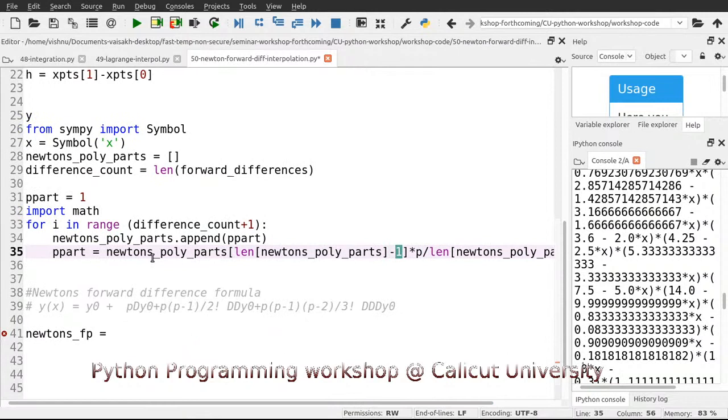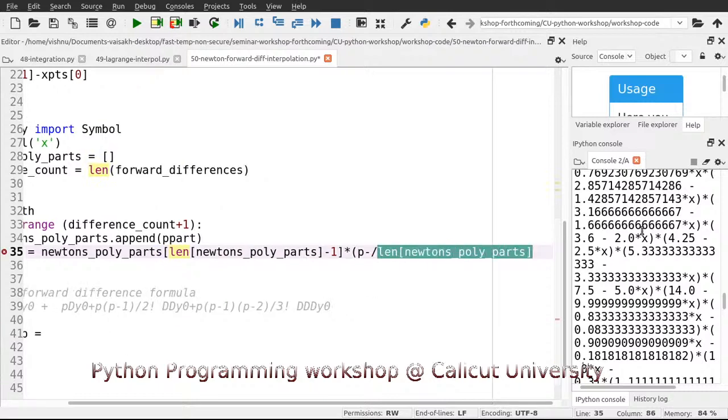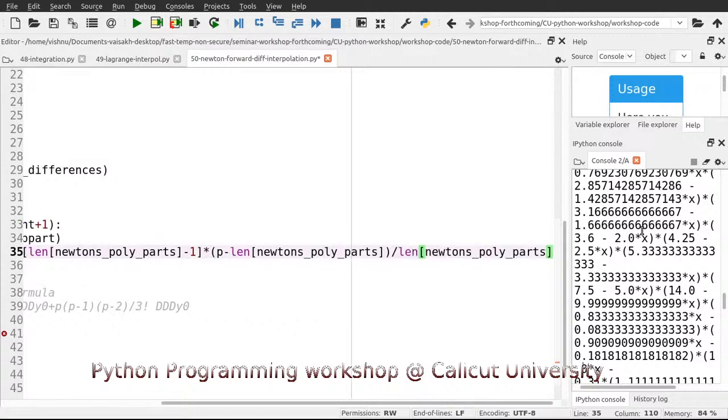Multiply that with p minus 1 and p minus 2, I should take. So p minus 1, how do I get that? Once again, I should multiply with this length of p parts. Remember that the length of this Newton's poly parts is increasing in every step because I'm keeping on appending.